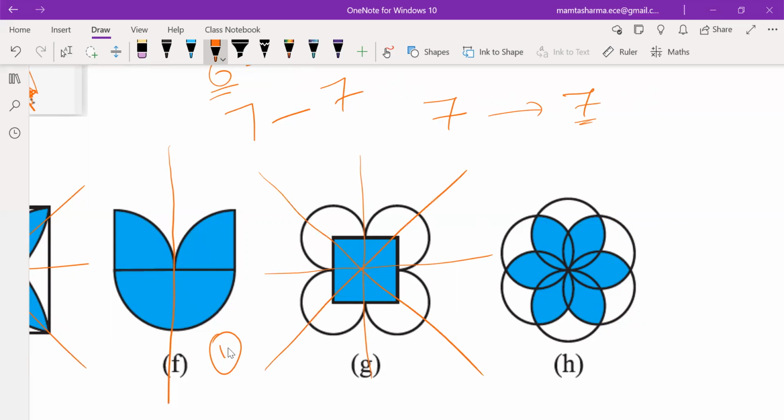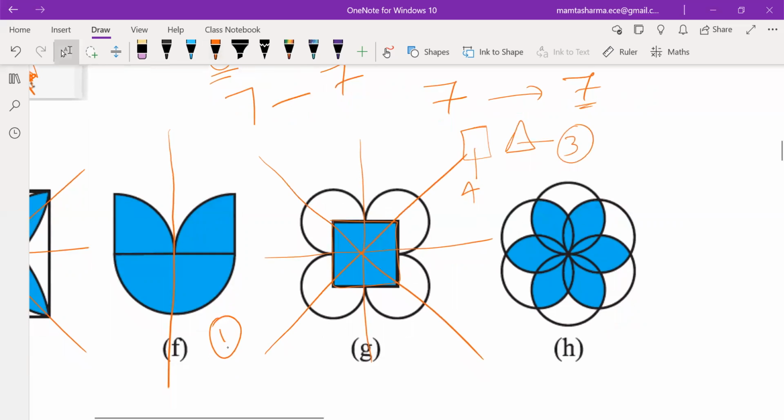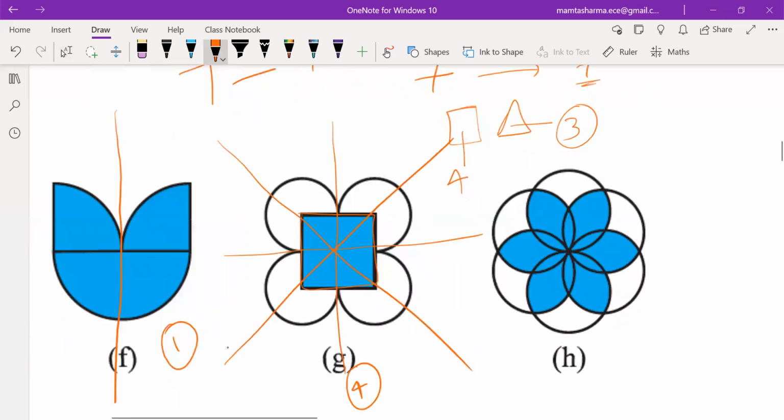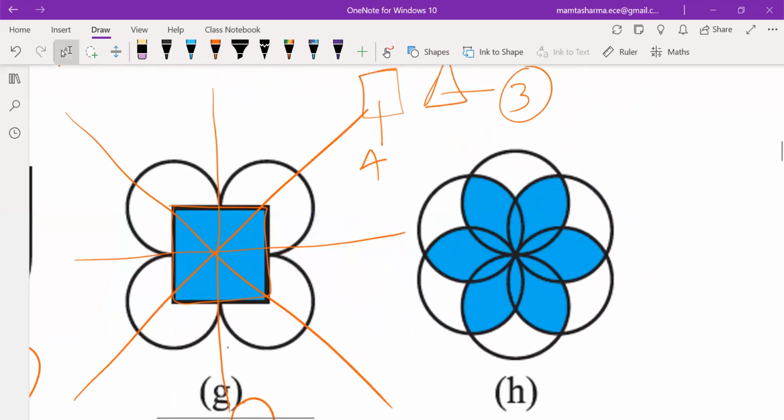Wherever you see any square or any triangle, for square 4 lines of symmetry would exist. For triangle 3 lines of symmetry would exist. Since there is a square, 4 lines would be possible. So 4 lines of symmetry. For these kinds of figures, you can count the number of petals.